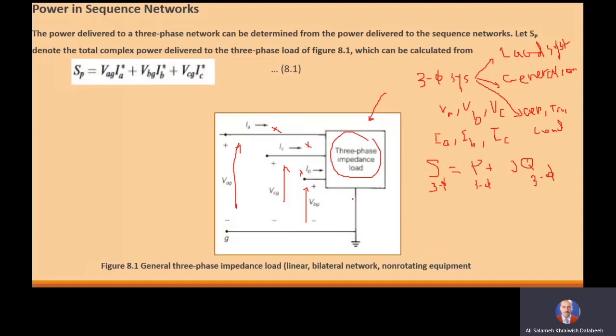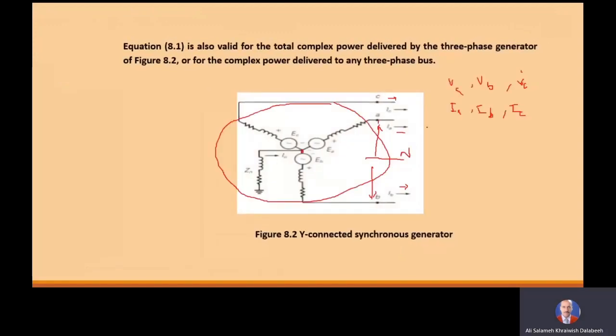So the load consumes an apparent power, S load. And the generator also produces power, S generated. And in the whole system, we have apparent power.